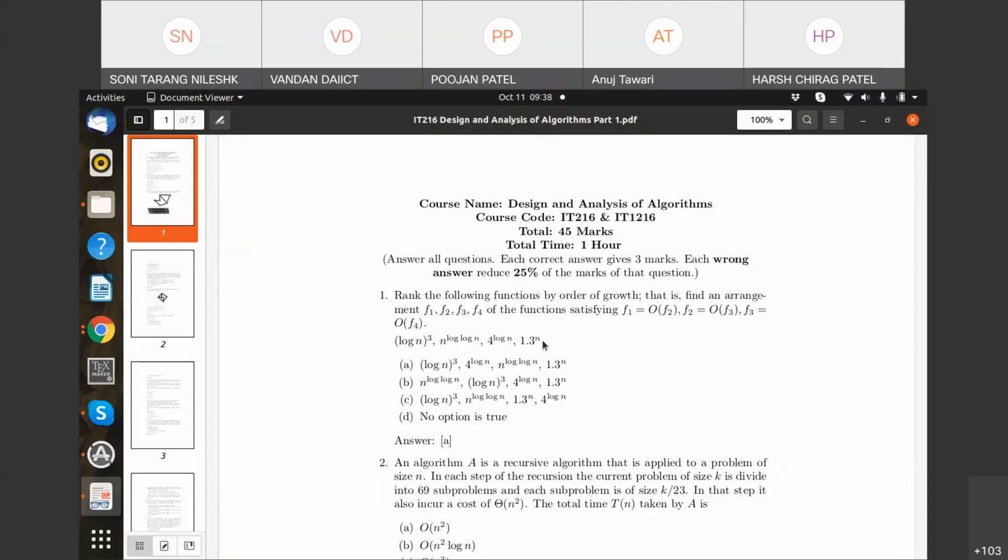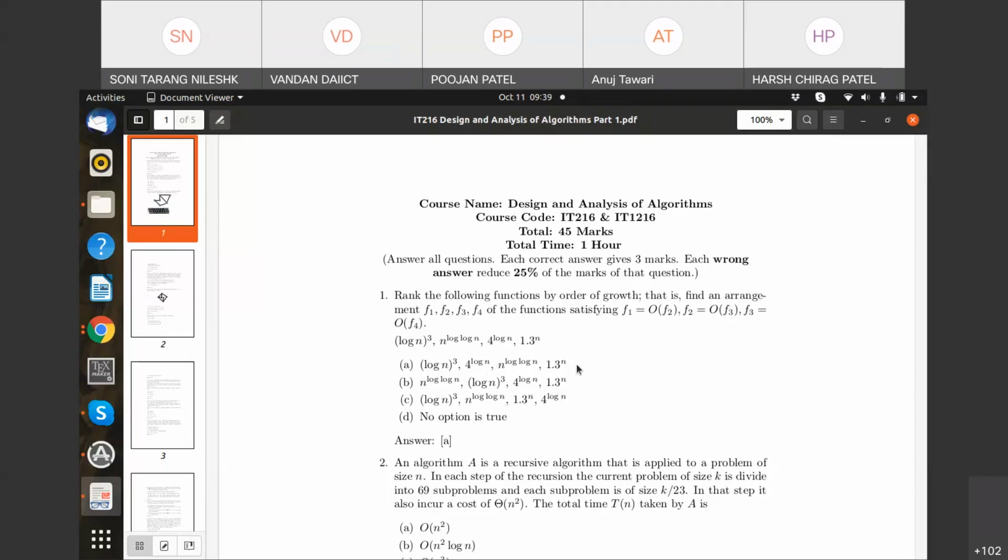And you just need to arrange in order of their exponents. So option A. Log n comes first, then comes log n, then log n into log n, and finally n. Okay. That clear? Okay, sir. Yes, sir. Thank you.